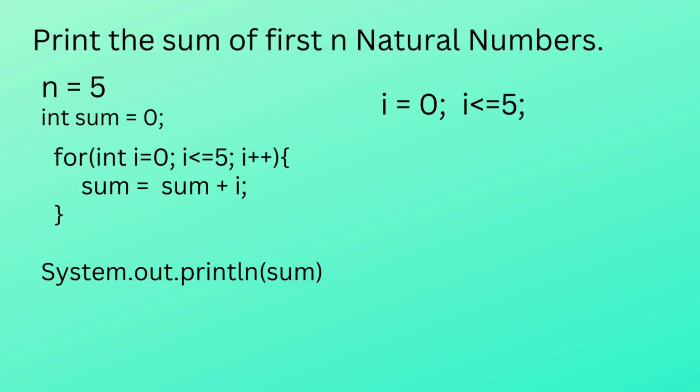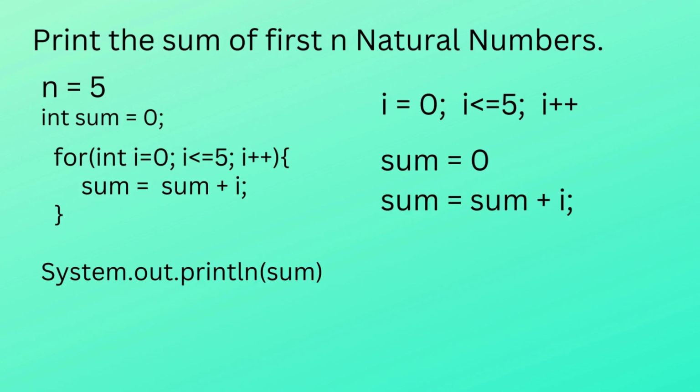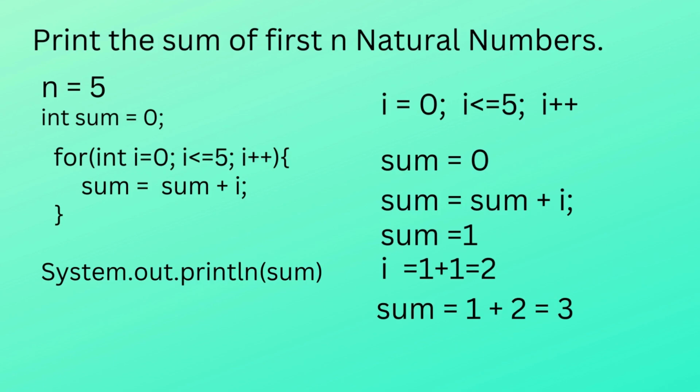It means i will execute till 5 and i plus plus means i increments by 1. Here sum is initially equal to 0, and then i is added into sum, so sum is equal to 1. The second time i increments by 1, i is equal to 2 and i is added into sum, then sum is equal to 3 and so on.